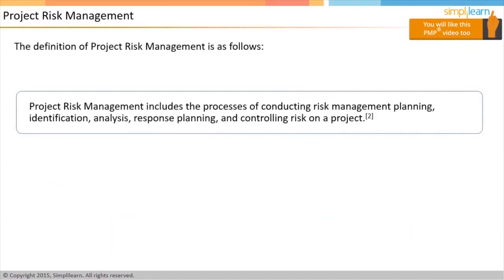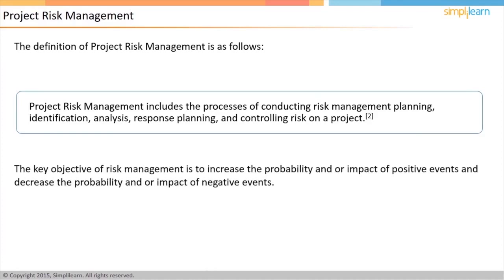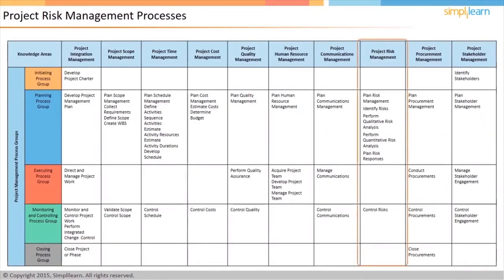Project risk management includes the processes of conducting risk management planning, identification, analysis, response planning, and controlling risk on a project. The key objective of risk management is to increase the probability and/or impact of positive events and decrease the probability and/or impact of negative events. There are 6 risk management processes.